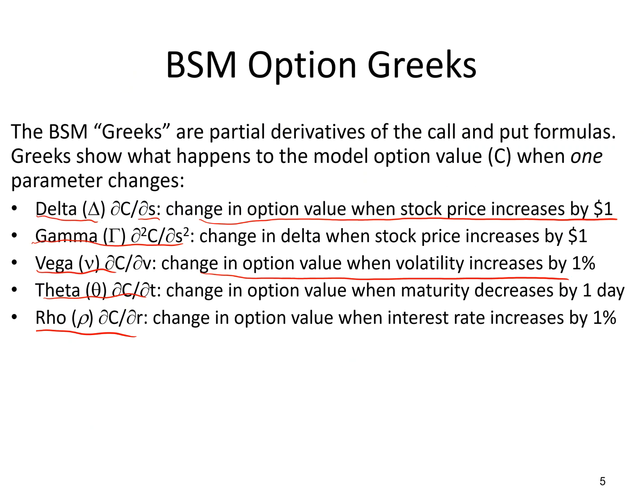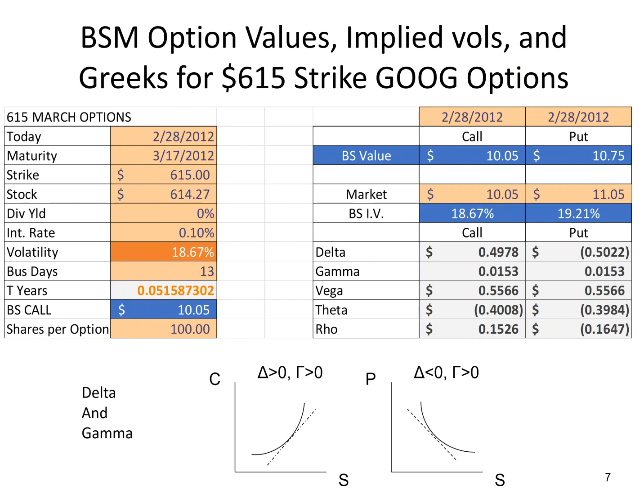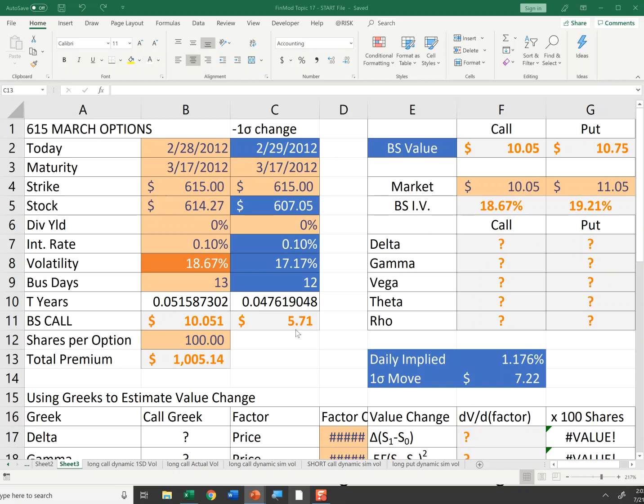So you can copy all of these functions into a VBA-enabled workbook or macro-enabled workbook, and we're going to insert them and calculate the Greeks for this 6/15 March call and put on Goog. So we'll go to our spreadsheet.